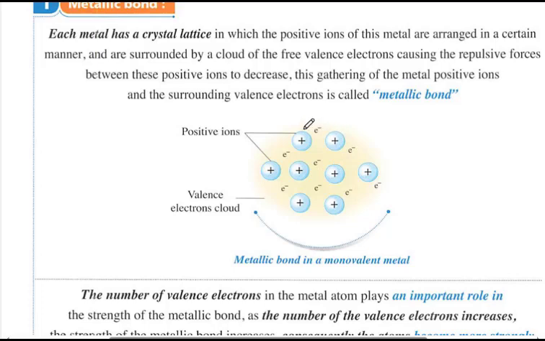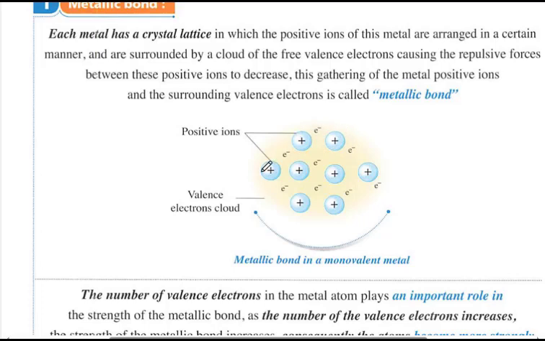So the collection of these positive ions and the negative electrons inside the crystal lattice of any metal is called metallic bond. So the metallic bond is the electron cloud, the valence electron cloud, which decreases the repulsion force between the positive metal ions in the crystal lattice.